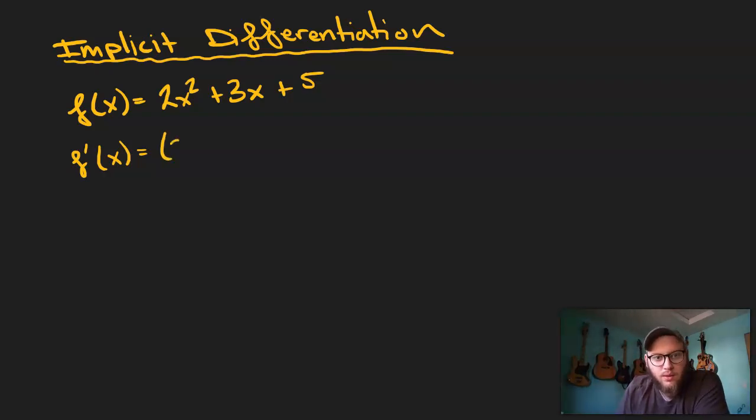So what we get is 2 times 2, x to the 1, plus, now this x has a secret little 1 up here, so we get 3 times 1 times x, and then the 5 goes away entirely. So our solution becomes 4x plus 3.